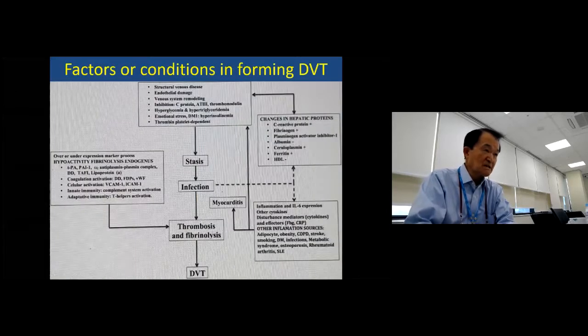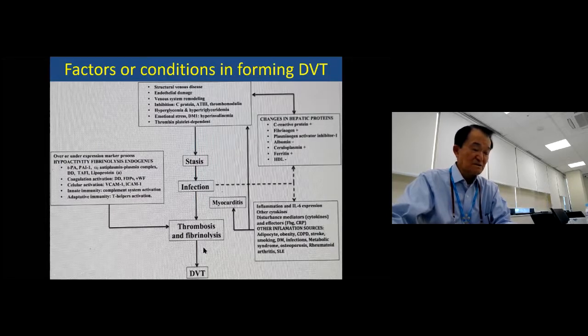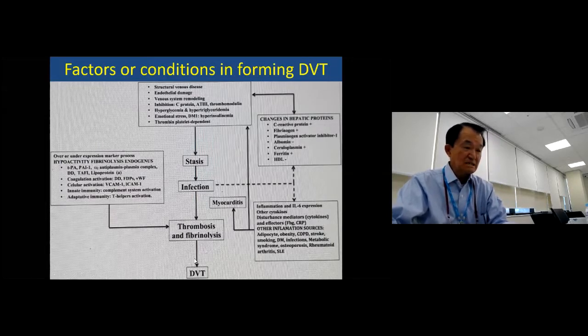Again, lots of factors, but the basic thing is that with all the venous damage, there is stasis, and then inflammation triggers all these coagulation factors, which makes thrombosis, and eventually fibrin is deposited. And certainly it is not only in leg vessels but also the myocardium and other places.